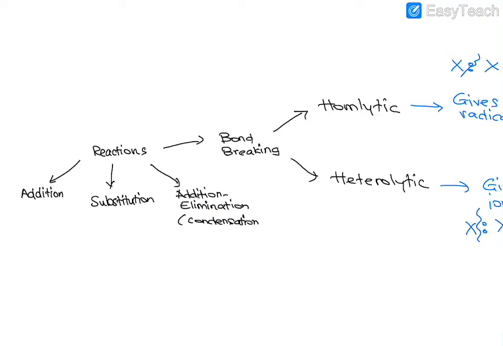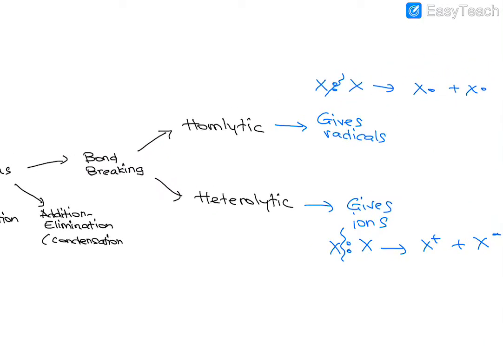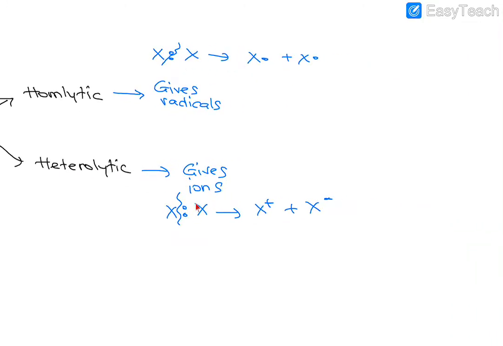And then you can have bond breaking. You can have homolytic bond breaking that gives radicals, so each one gets one electron from that covalent bond. Or heterolytic bond breaking, where one is going to gain both electrons from the bond. So this gives ions.